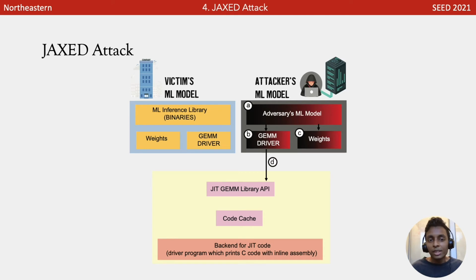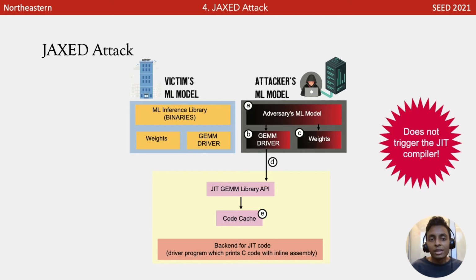These calls would again come to the just-in-time GEMM library API, which would again probe the code cache to see whether that instruction sequence is available. In this scenario, if the attacker is using the same parameters as the victim, it will actually be serviced through the code cache. So this means that it doesn't trigger the just-in-time compiler. Now the attacker has a saving in terms of execution time.